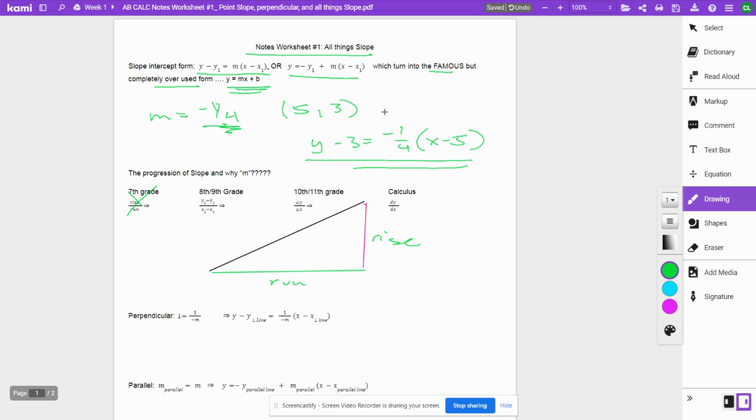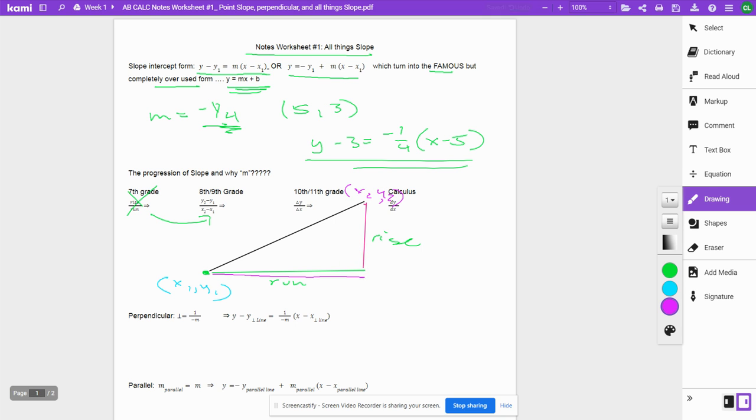And then we went from 7th grade to 8th or 9th grade, and they added this idea that if this is point x1 and y1, and then this would be x2 and y2, how do I find the length of the run and the length of the rise?